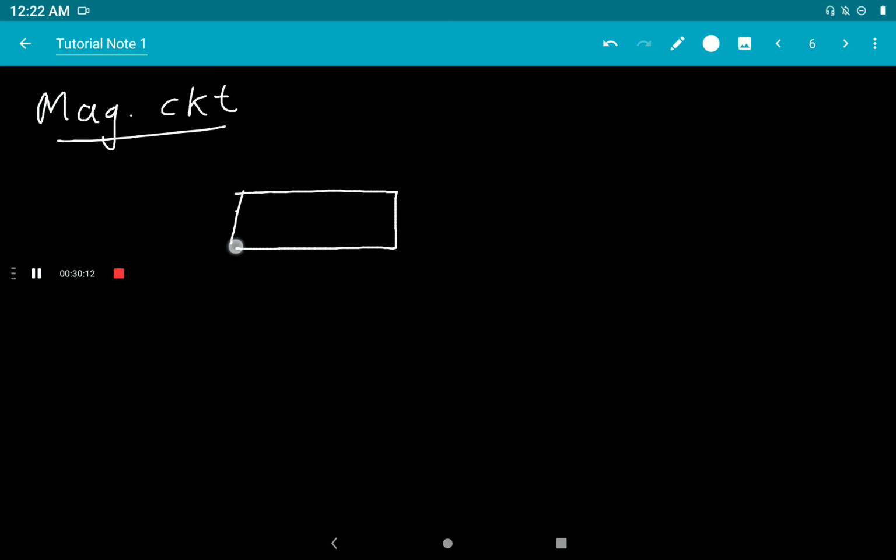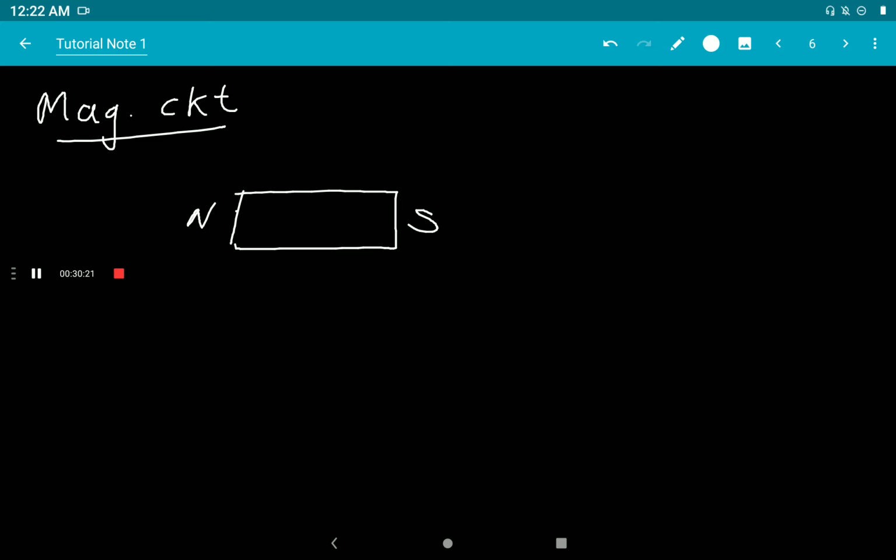First term is, what is magnetic circuit? You should remember what is magnetic circuit. The complete path of a magnetic line of force from north to south externally and south to north internally is called magnetic circuit. Just assume a magnet having north and south.